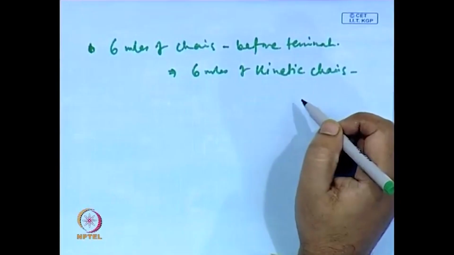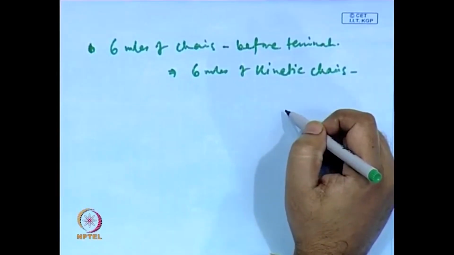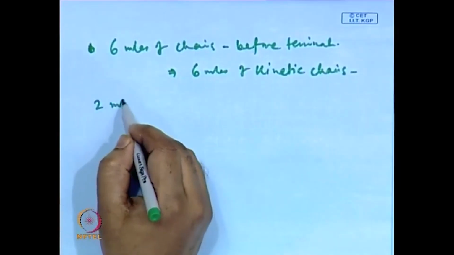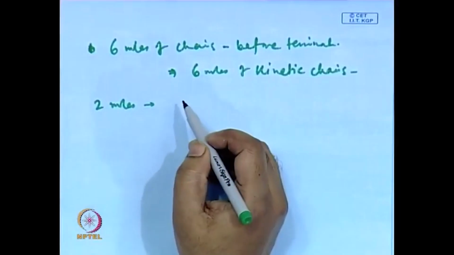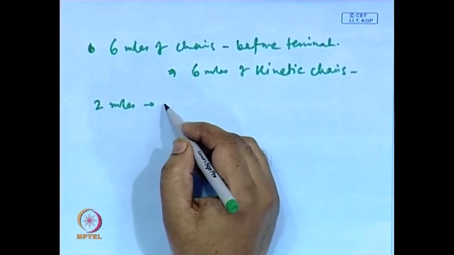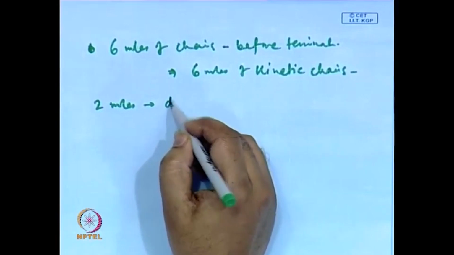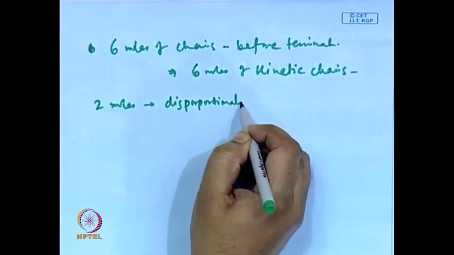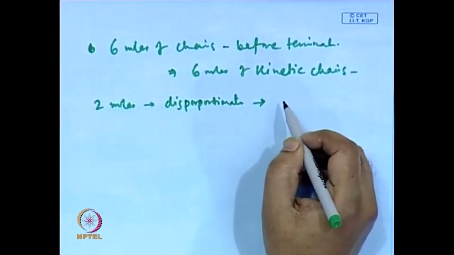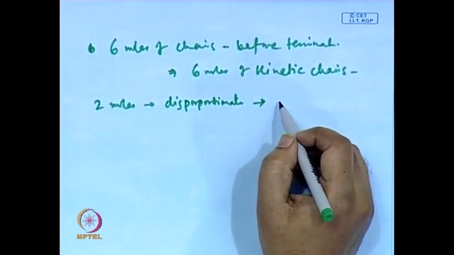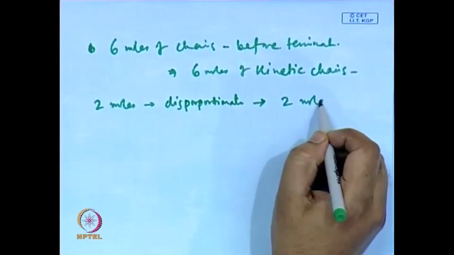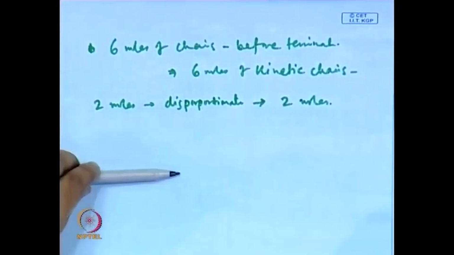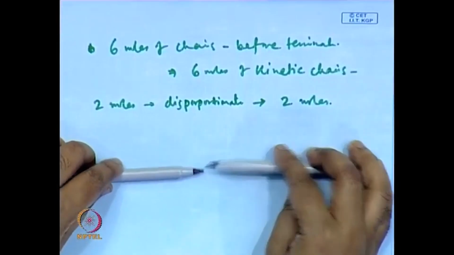Now, they will get terminated and form polymer molecules, dead polymer molecules. Let us assume that 2 moles of this underwent termination reaction by disproportionation reaction. So, how many polymer chains? 2 moles, because each kinetic chain, two chains will come and react and form 2 dead chains.